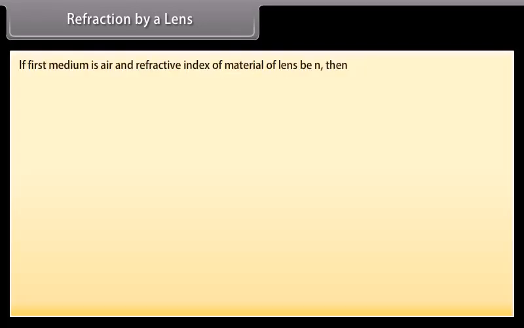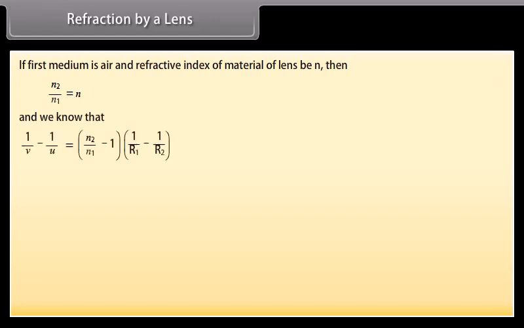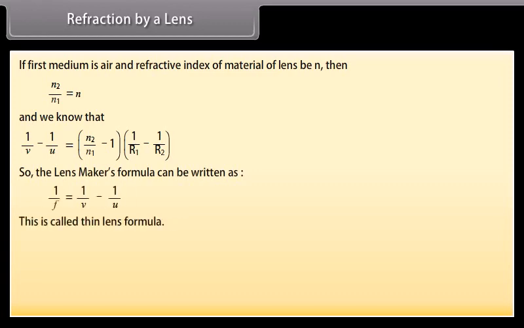If the first medium is air and refractive index of material of lens be n, then N2 upon N1 is equal to n. And we know that. So the lens maker's formula can be written as follows. This is called thin lens formula.